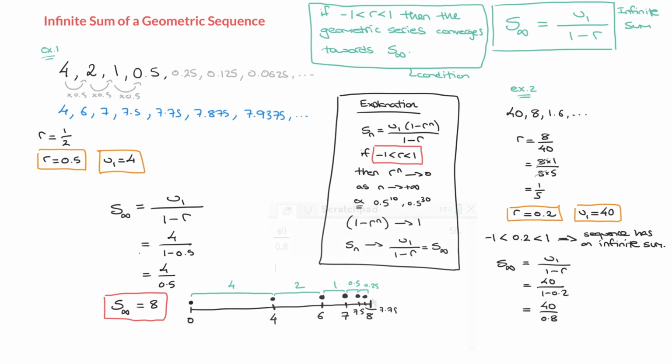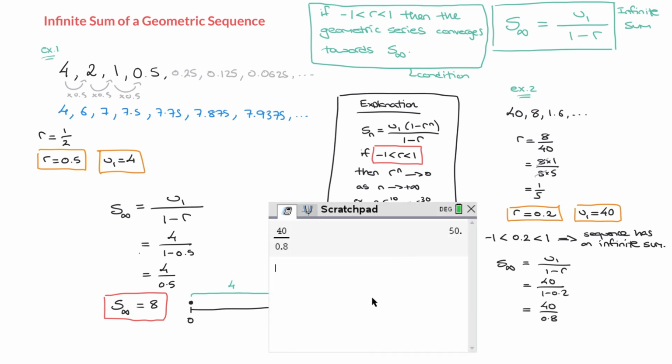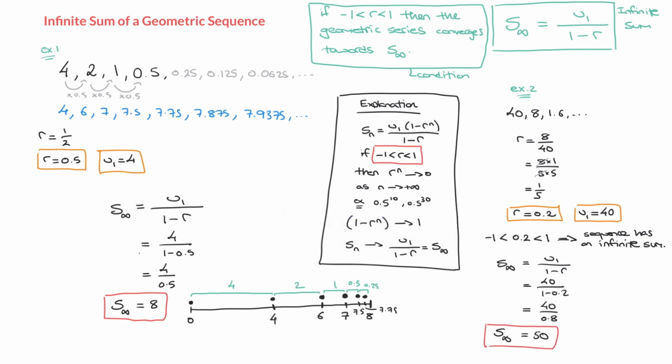Finally, using a calculator if needs be, we find that 40 divided by 0.8 is 50, and so the infinite sum, s sub infinity, is equal to 50. And that's this geometric sequence's infinite sum.